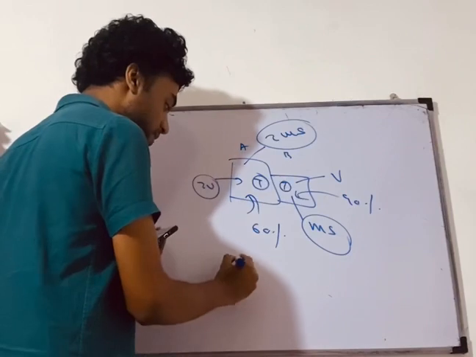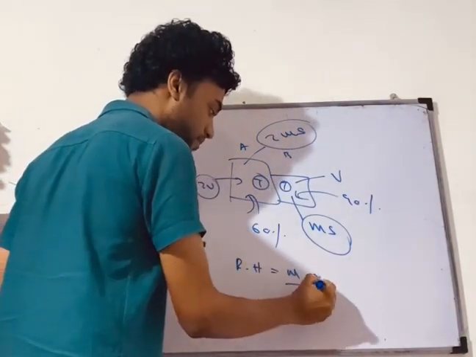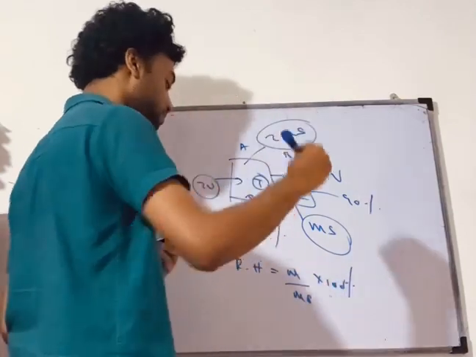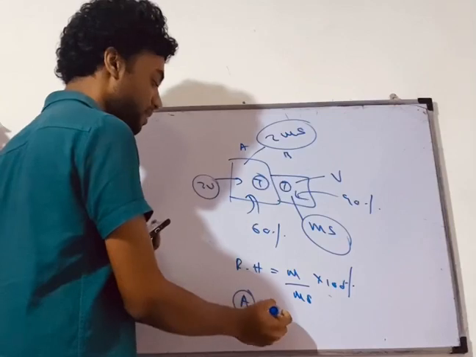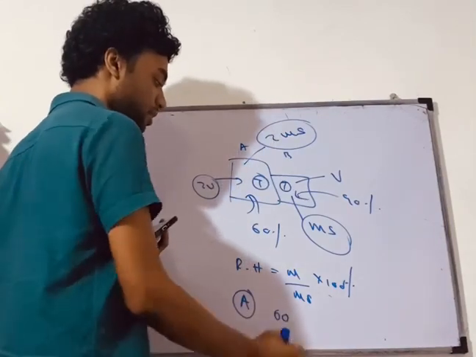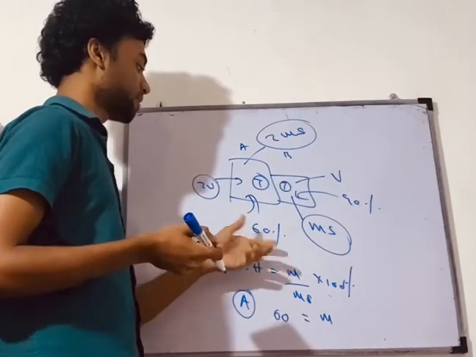Now you know relative humidity is equal to M divided by ms times 100%. Let's apply this for room A. The relative humidity of room A is 60%. The mass, I don't know, because it's not saturated yet.